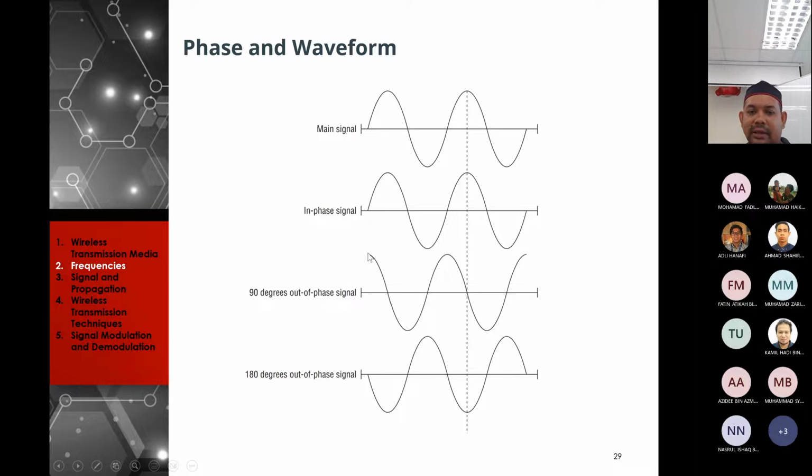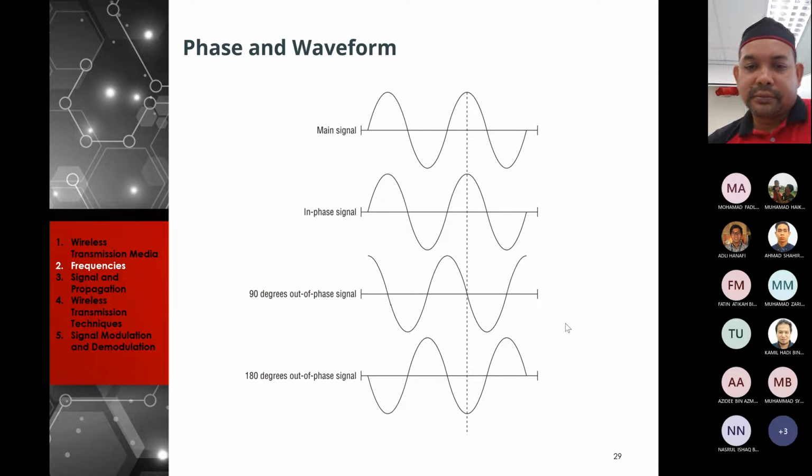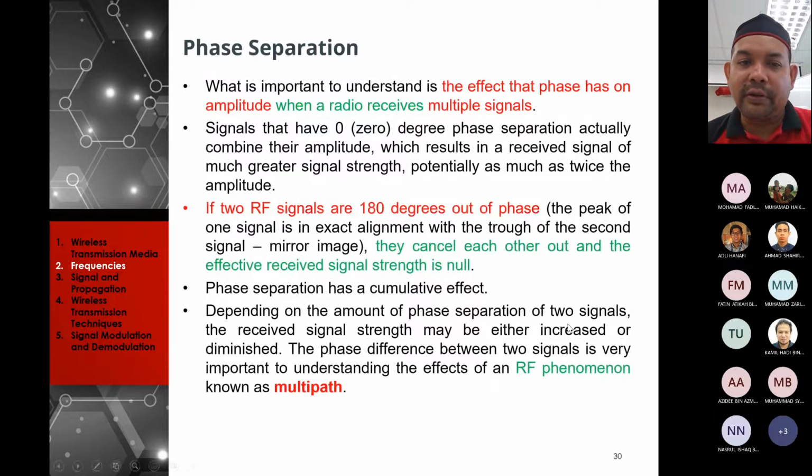Kalau dia lari sini, ke sini, kita panggil dia 90 degree. Sebenarnya 90 darjah ni kita senang tengok. Ini ke sini adalah 90 darjah. Kalau 180 degrees, dia lari setengah cycle. Kalau lari satu, 360 degree, 360 darjah. Dia terbalik kurang, jadi macam mirror kan. Completely out of phase.